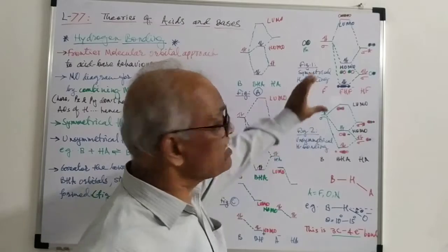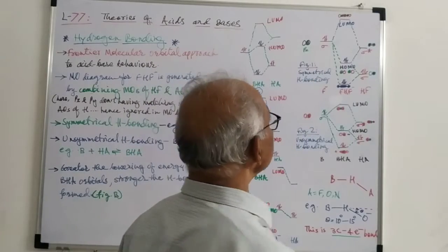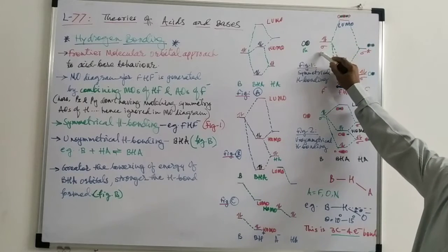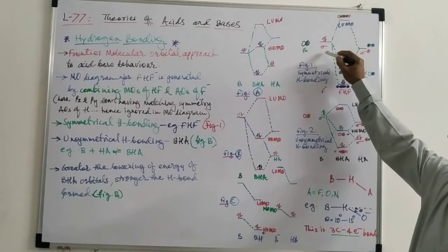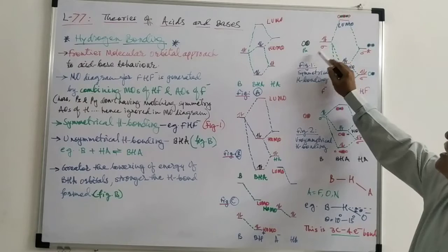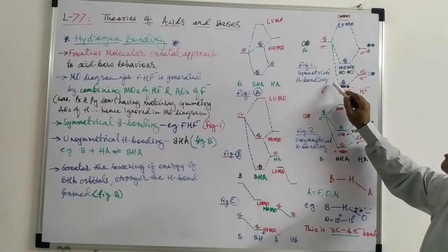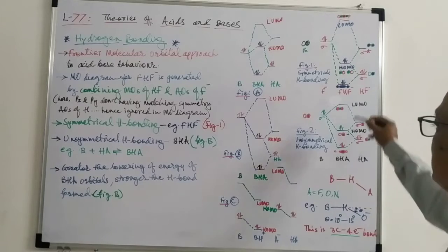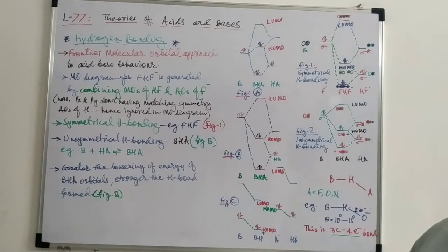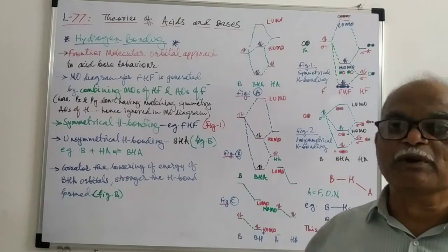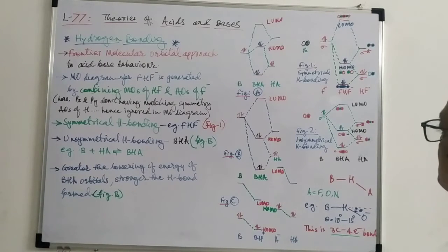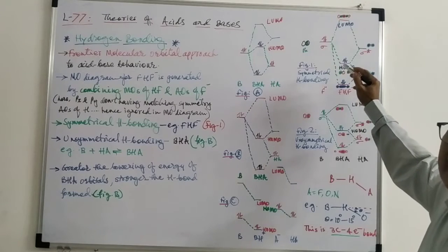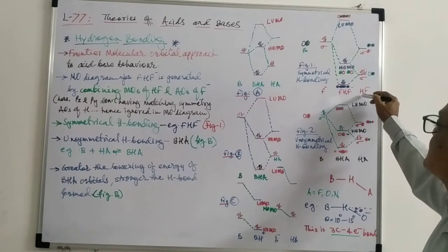If we see in this figure, you will find the atomic orbitals of fluorine F minus shown here. Sigma indicates this pz. The 2s of fluorine is ignored because it does not have an appropriate matching symmetry orbital from this HF.